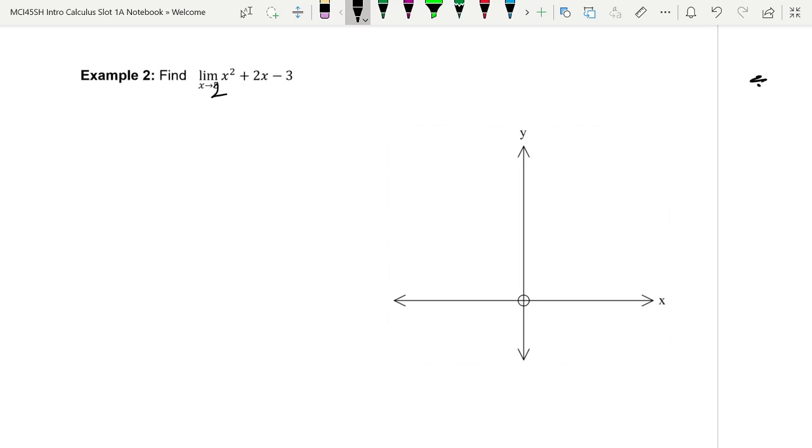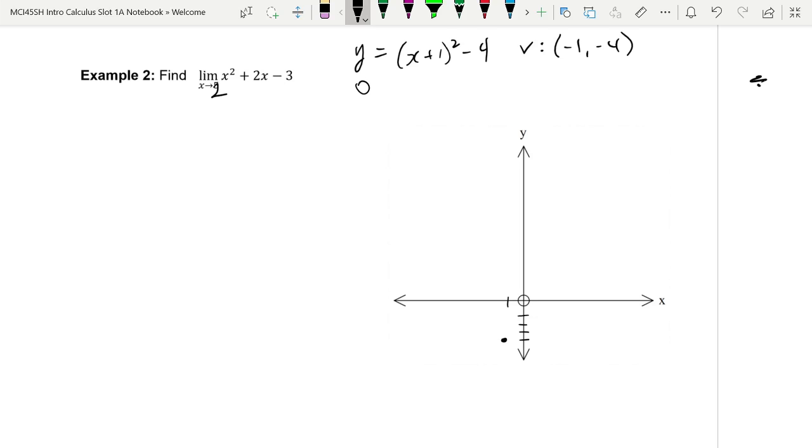Okay, all right, so anyway, now think about this function. What is this function? It's a parabola. In fact, let's make a sketch of it. If I'm looking at this parabola, I could find the vertex of it. The vertex would be x plus 1 squared minus 4, so the vertex would be -1, -4. So there's the vertex.